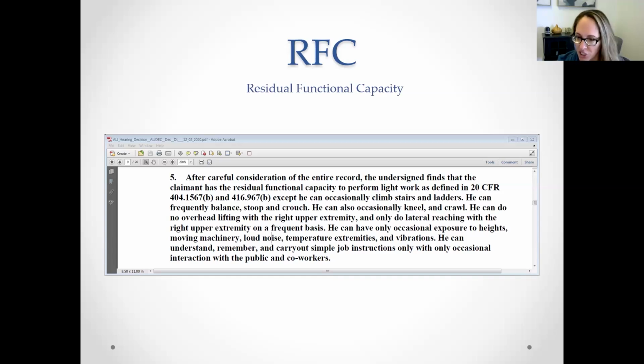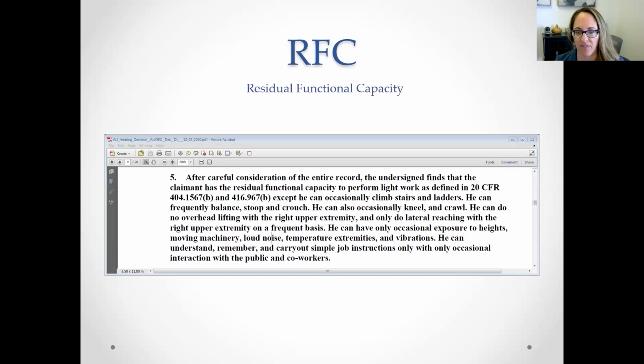Except he can occasionally climb stairs and ladders. He can frequently balance, stoop, and crouch. He can occasionally kneel and crawl. No overhead lifting with the right upper extremity, the right arm, and only lateral, to the side, reaching with the right arm frequently. That's because this person had a right shoulder injury.